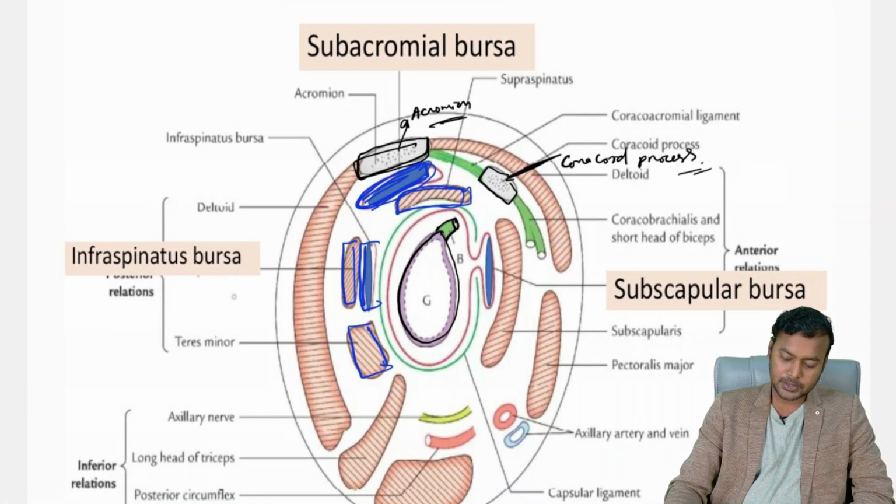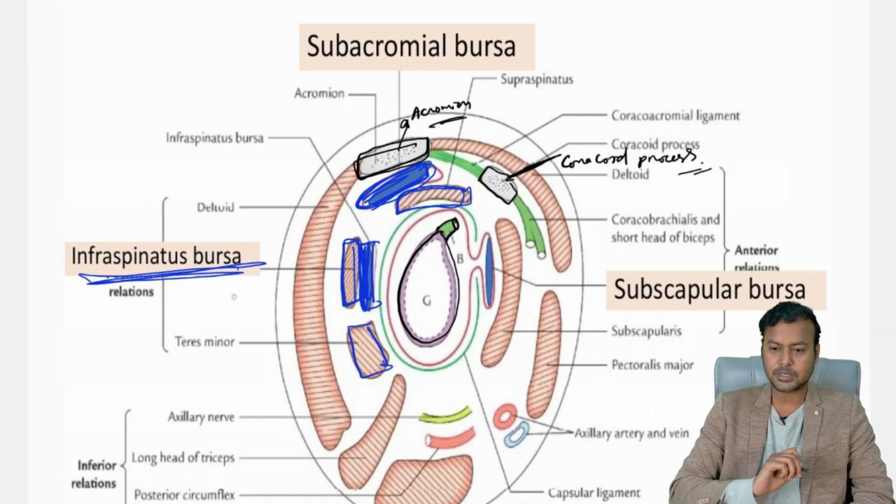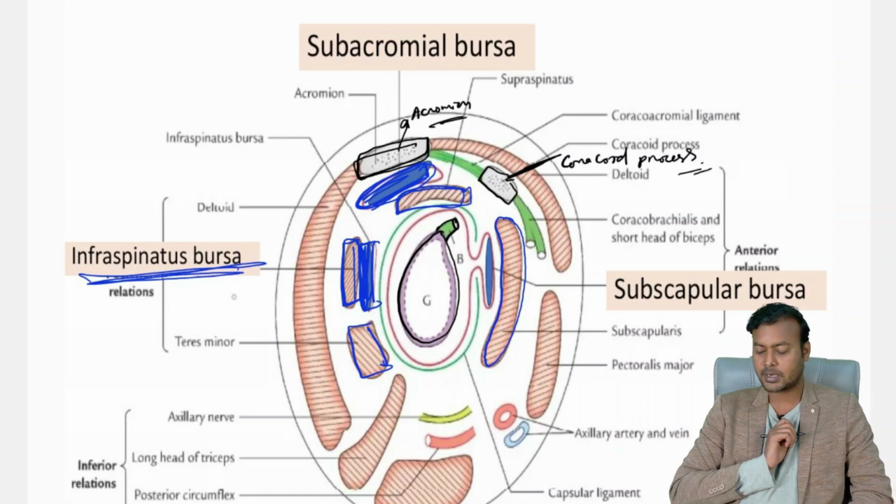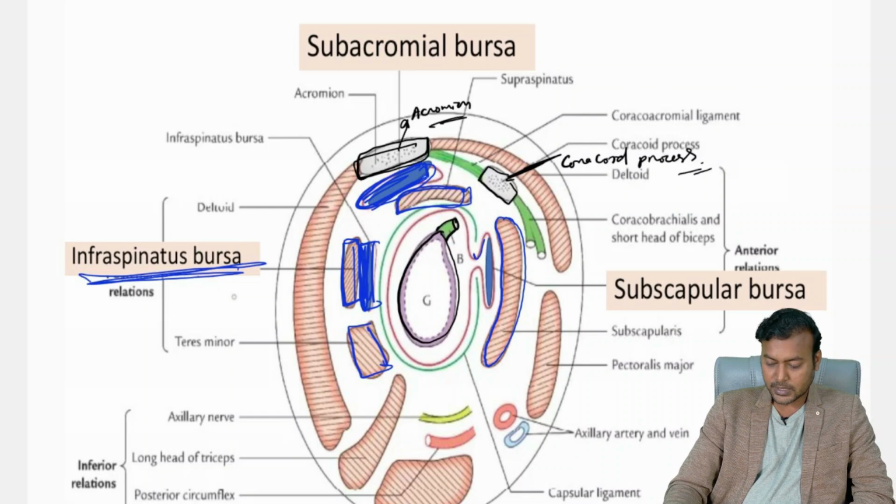And this bursa, which you can see below the infraspinatus muscle, is known as the infraspinatus bursa. And anteriorly, I had told you the extension of the bursa from the joint cavity, that is known as the subscapularis bursa.